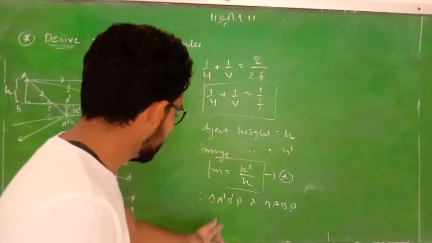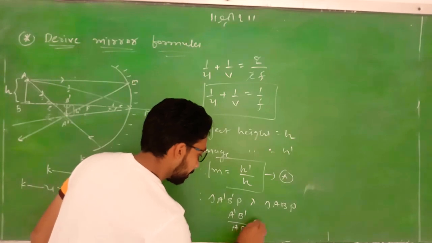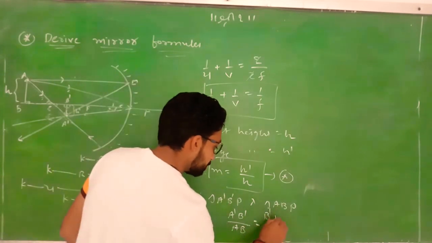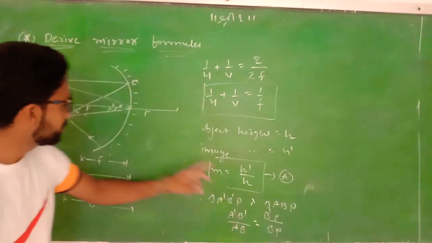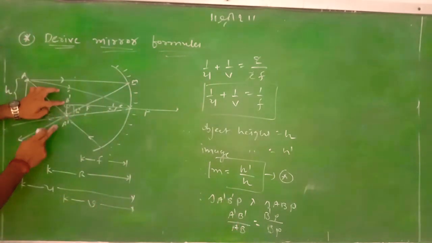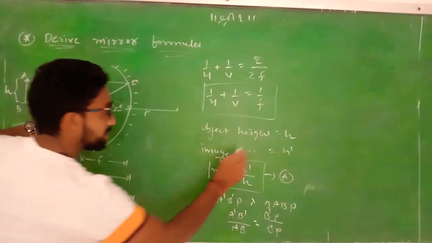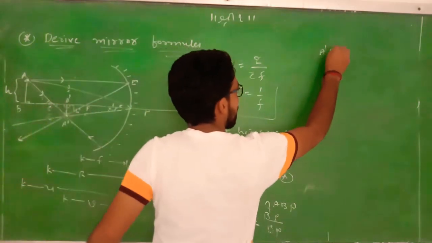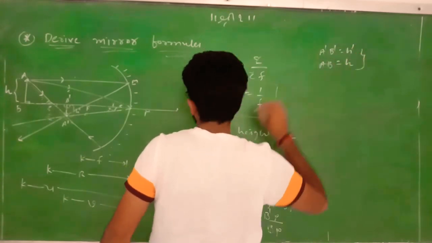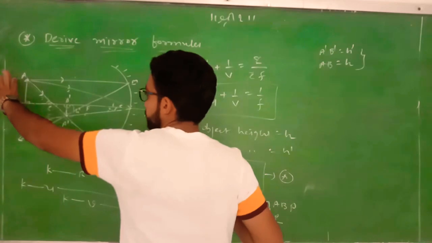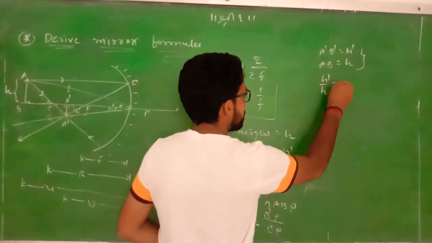So take the ratio: A dash B dash divided by A B is equal to B dash P divided by B P. But A dash B dash, the image height, is h dash, and A B is h. From the figure you can see this is h dash and this one is h. So A dash B dash by A B is h dash by h.